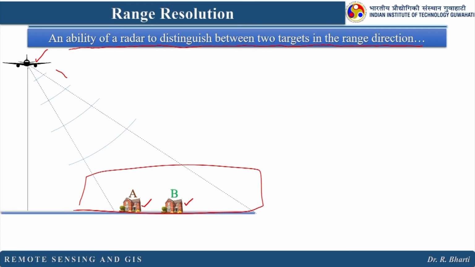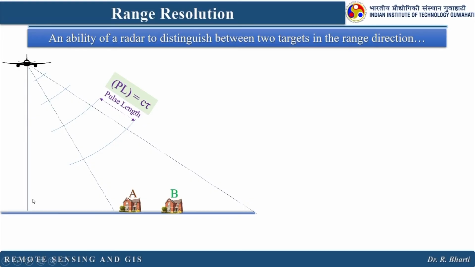So, in this case what will happen? We will release the pulses which will reach our surface at some point of time, and then once they interact with the target, they will start giving the back scattering echoes, right. So, the back scattered values will be sent back to your sensor.